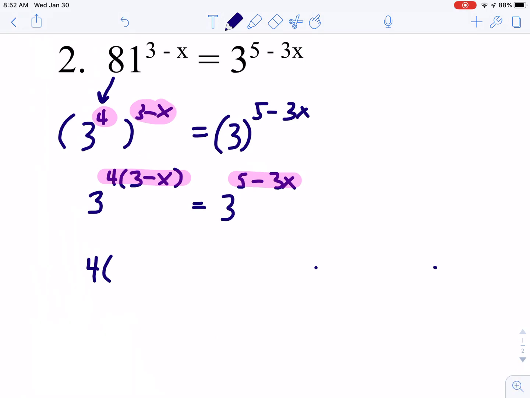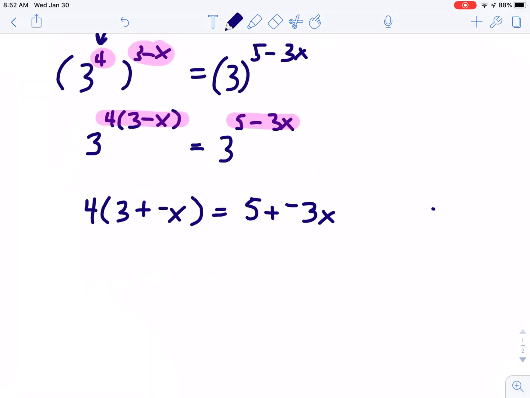So 4 times 3 plus a negative x, I'm changing it to plus a negative again, equals 5 plus a negative 3x. We distribute the 4 in here. You get 12 plus negative 4x equals 5 plus negative 3x.